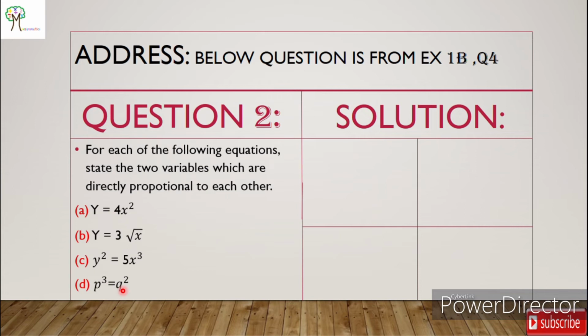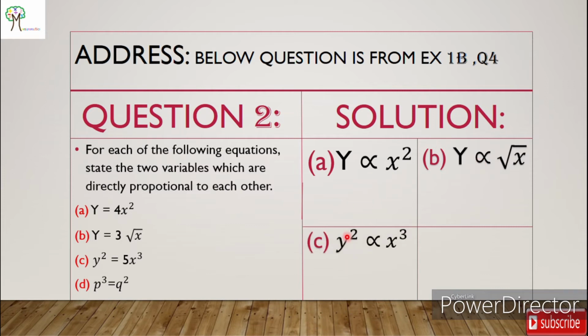Solution of part A is, y is directly proportional to x square. This is the sign of proportionality. Now part B is, y is directly proportional to x square root. So this is the sign of proportionality.